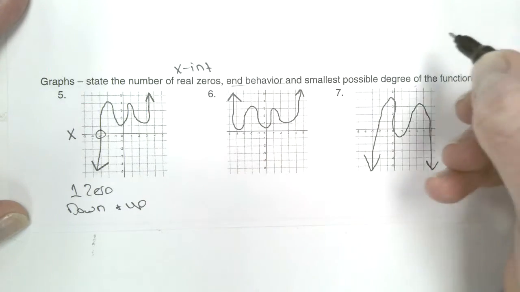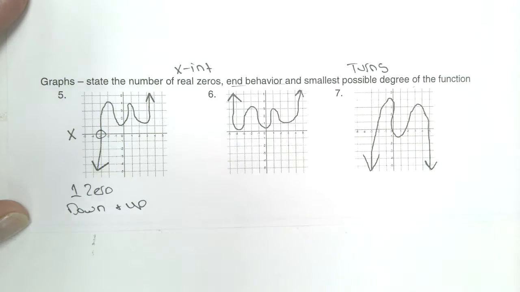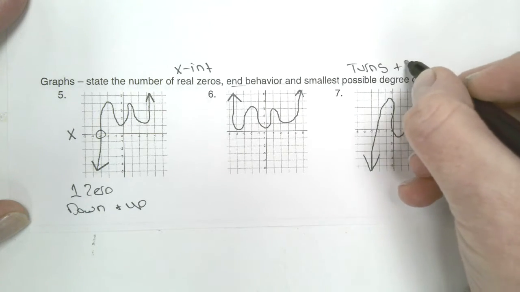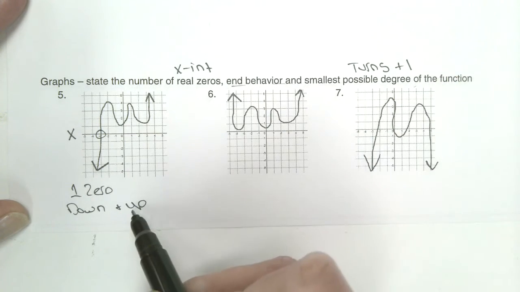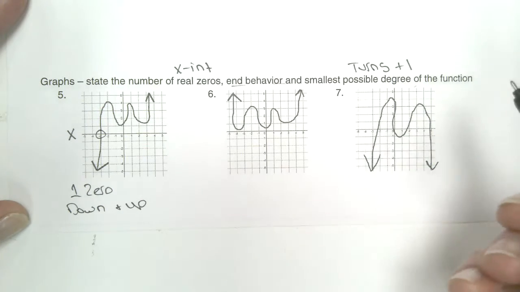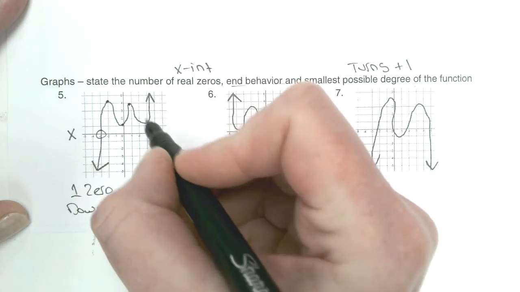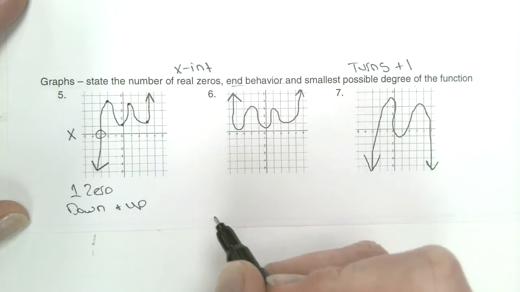All right, so if you want to know the smallest possible degree, you're going to have to go number of turns plus 1, and then make sure that that agrees with your end behavior. So I have 1, 2, 3, 4 turns.